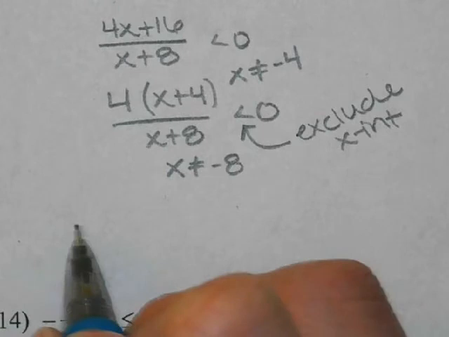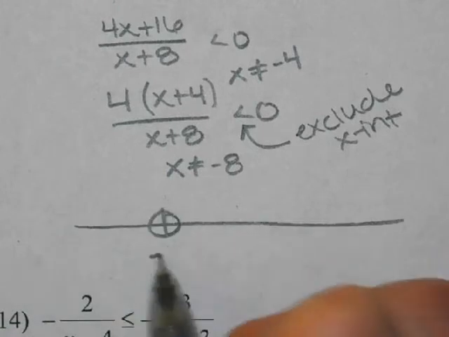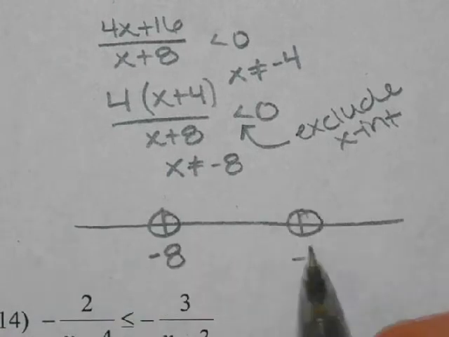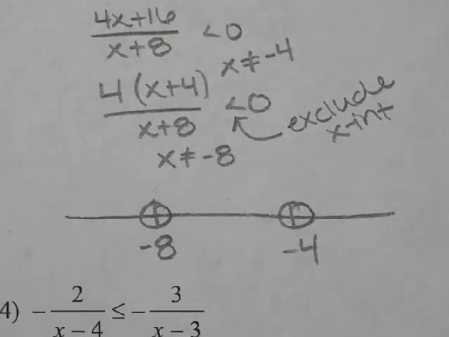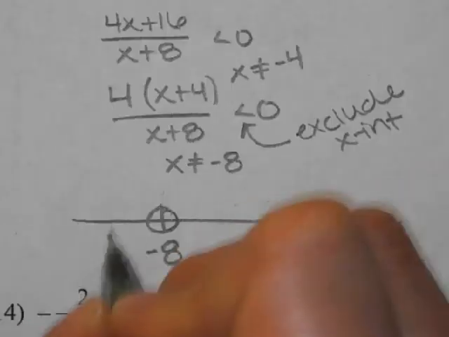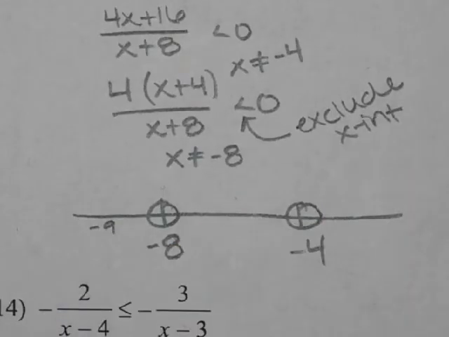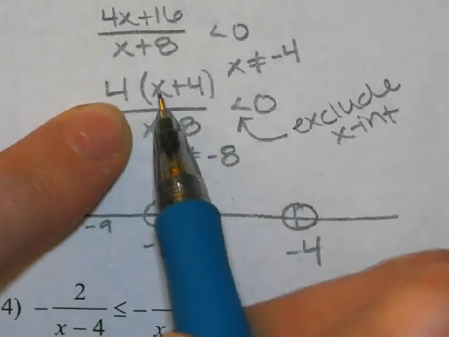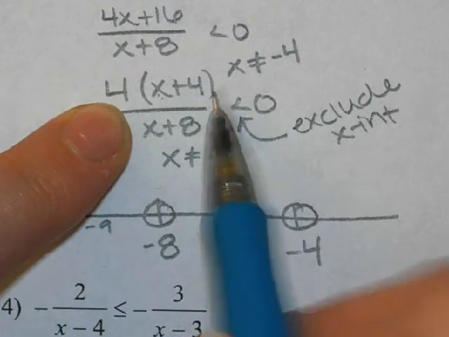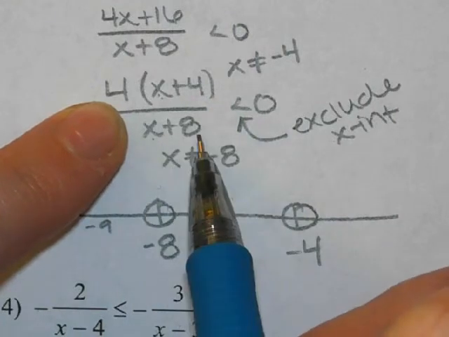Okay. And so on my sign chart, no negative 8, no negative 4. So what could we plug in that's smaller than negative 8? Negative 9. Negative 10 would work. So we have 4, which is just positive, negative 9 plus 4, and negative 9 plus 8.